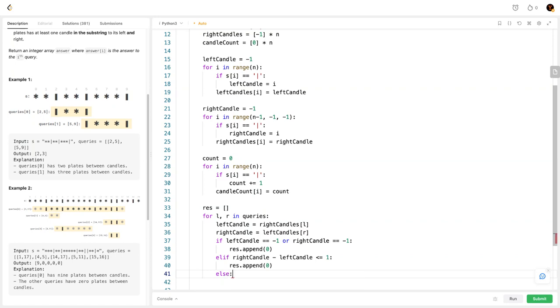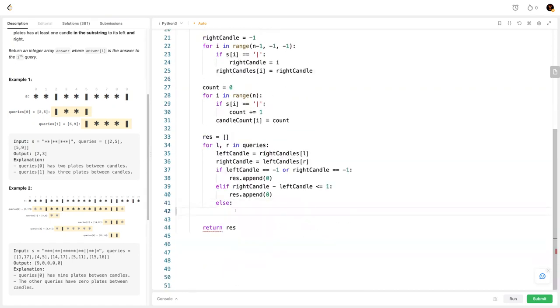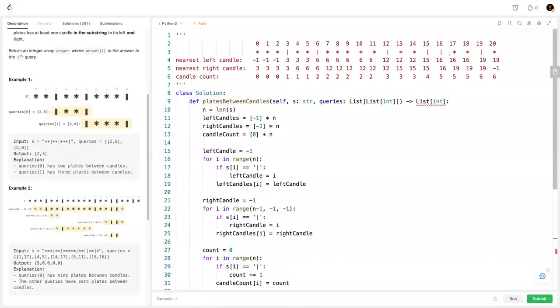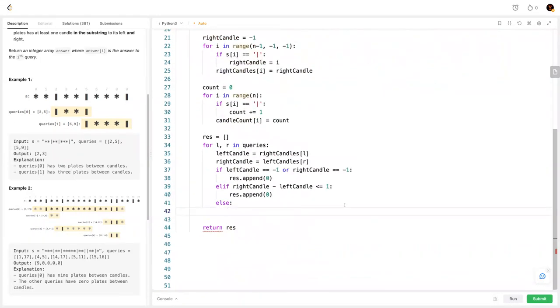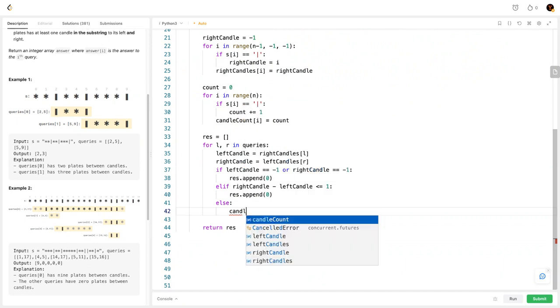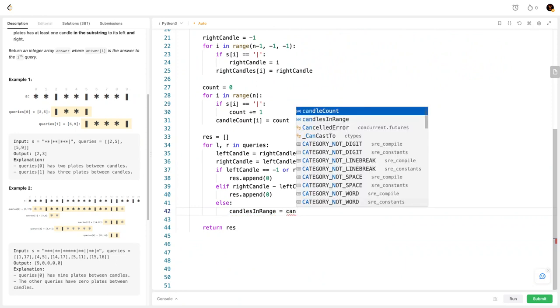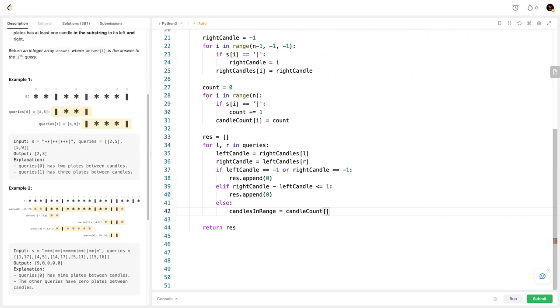Else, they have more than one distance, so there may be plates in between, and we need to calculate them. The way we calculate it is we find the total number of positions in between and subtract the total number of candles in between. So the candles in the range would be the candle count at the right candle position minus the candle count at the left candle position plus 1.